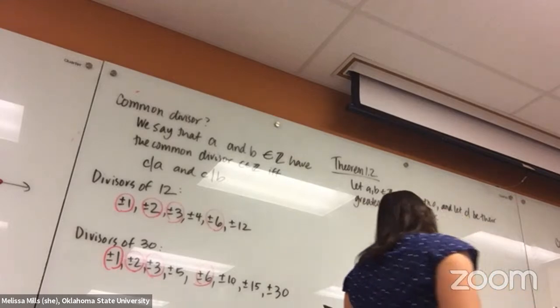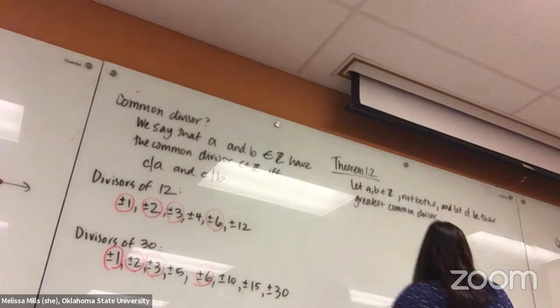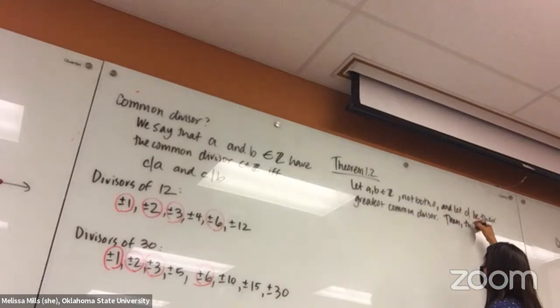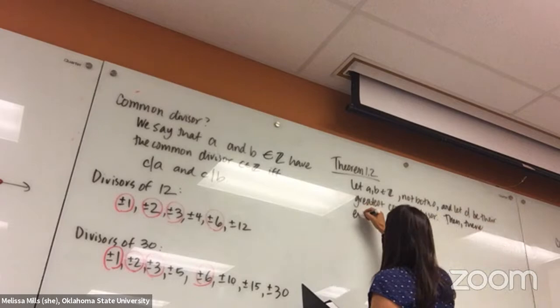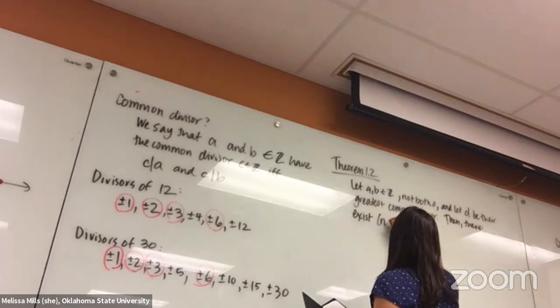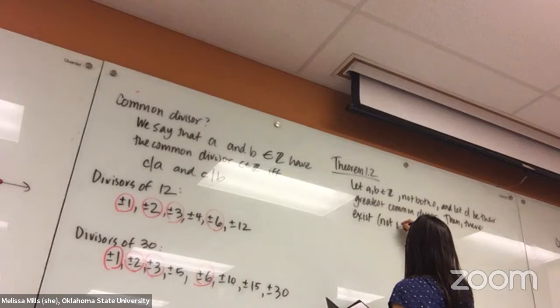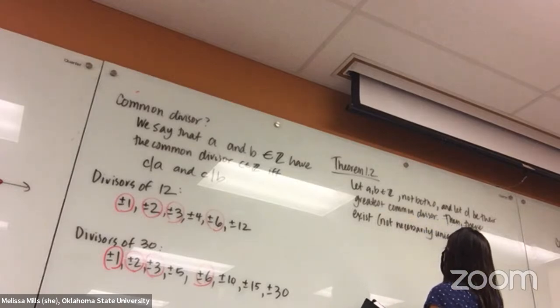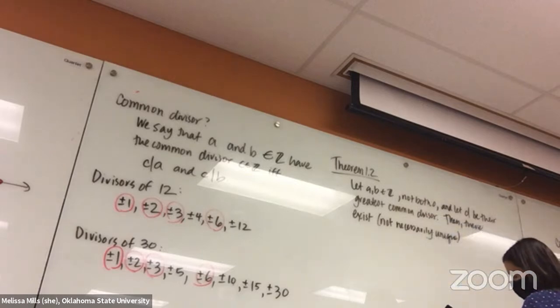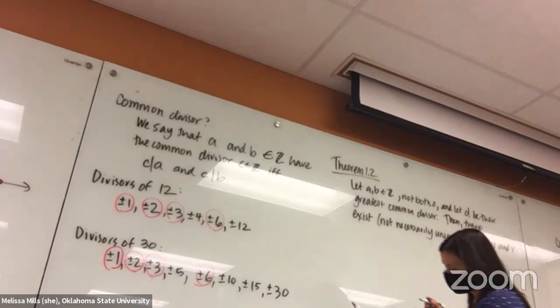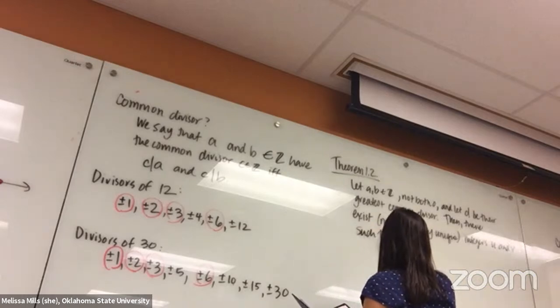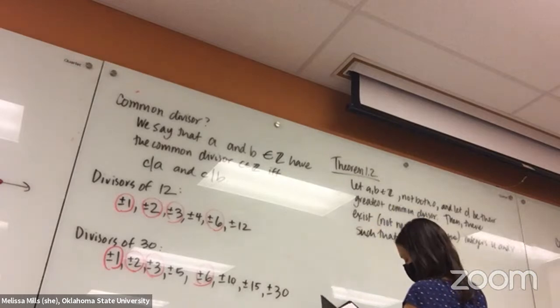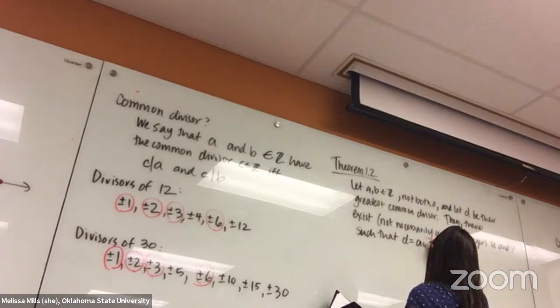Then there exist, not necessarily unique, integers U and V such that D equals AU plus BV.